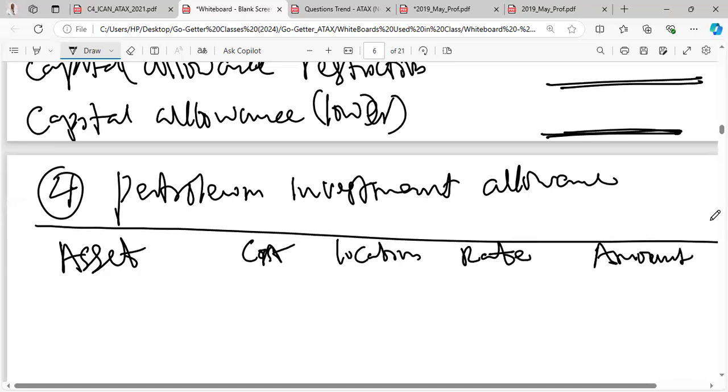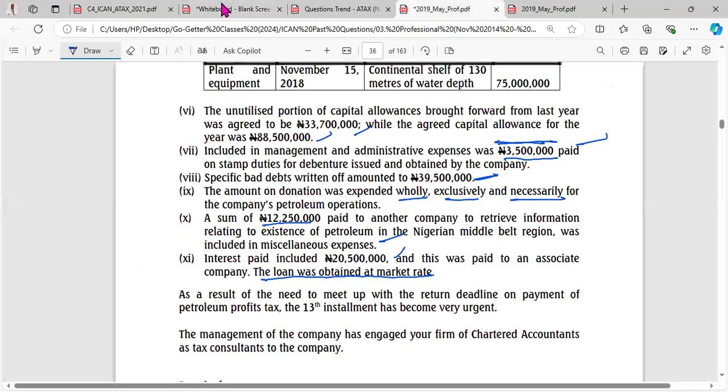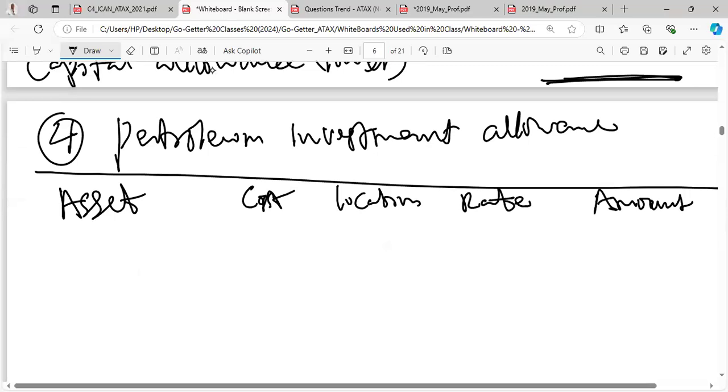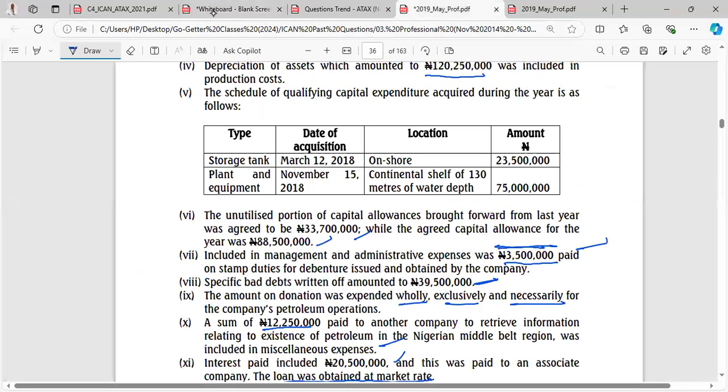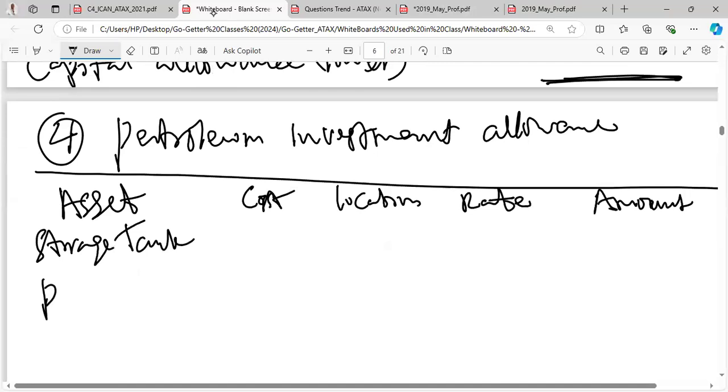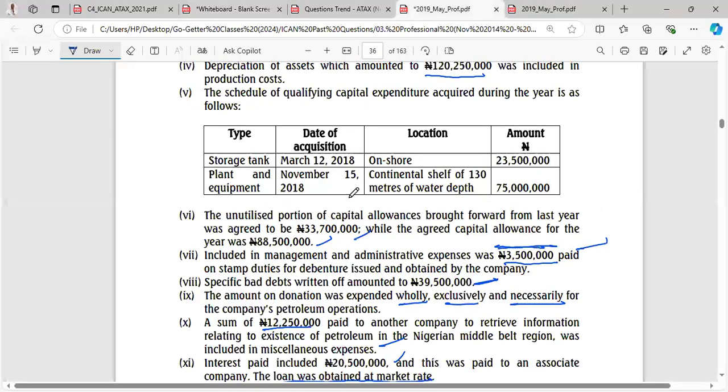So we have how many assets here? The first one is storage tank. The next one is plant and equipment. So take them one after the other because it's just two, irrespective of when they were bought. They were bought in 2018.